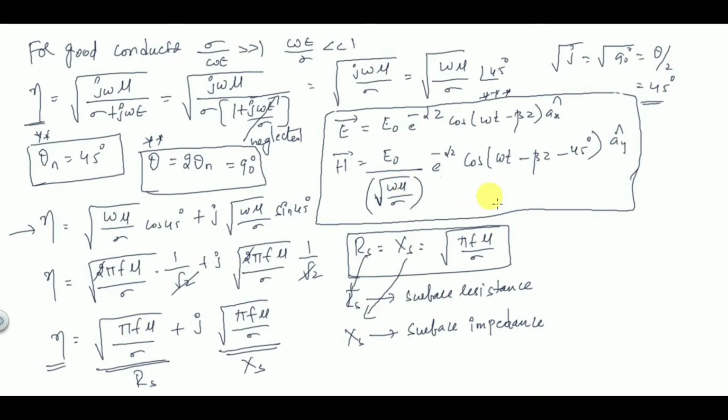Okay, so these are the formulas for eta, and these are the important points. Theta n is 45 degrees, theta is 90 degrees, and these are the wave equations. And eta is a complex term represented as a sum of surface resistance and surface impedance, which are given by these formulas. So both have the units of ohm only.